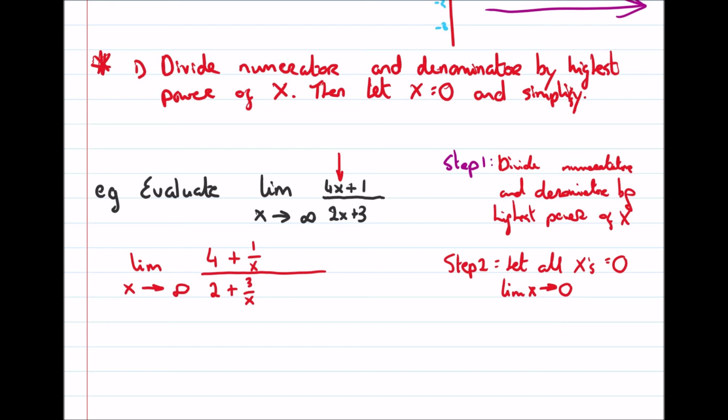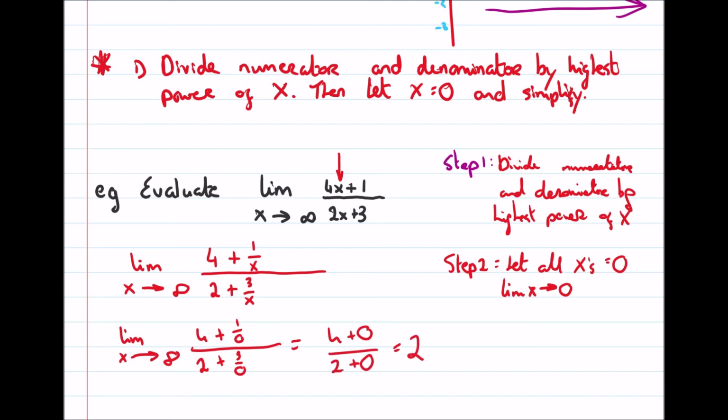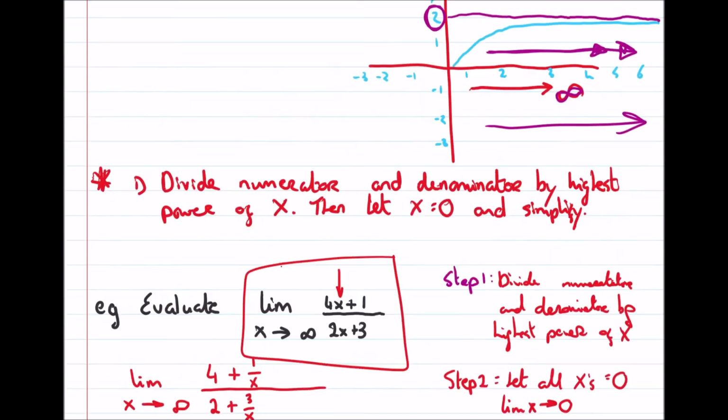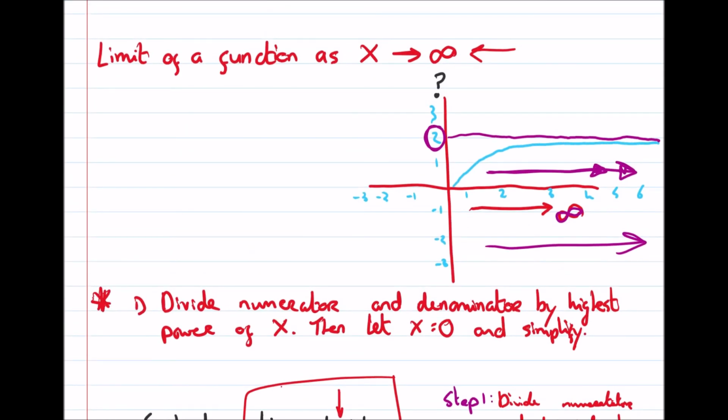So we say the limit as x approaches infinity is, okay, we have the 4 plus 1 over 0, let that x equal 0, 2 plus 3 over 0. That equals 4 plus 0 and 2 plus 0, which equals 2. So this function, as x approaches infinity, is 2. So it might be something like this, okay, like this one here. Gets closer and closer to 2 as it goes to infinity.